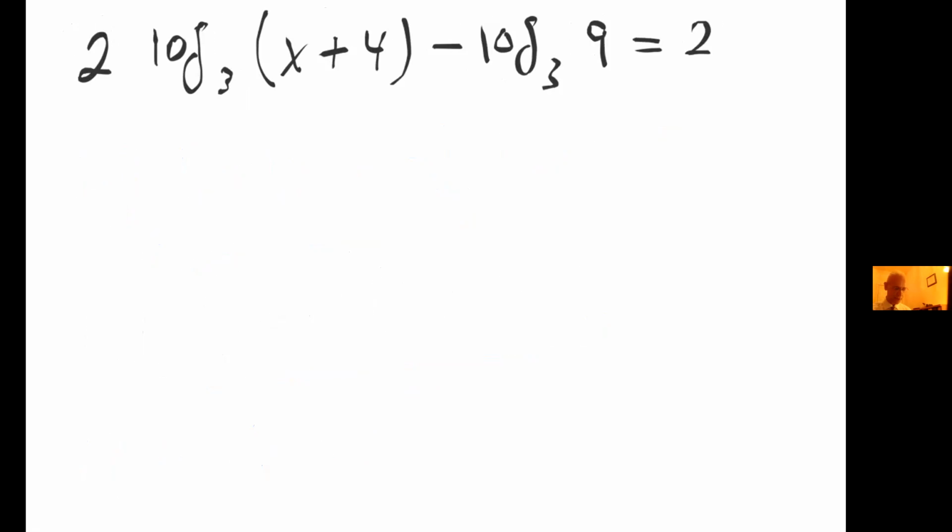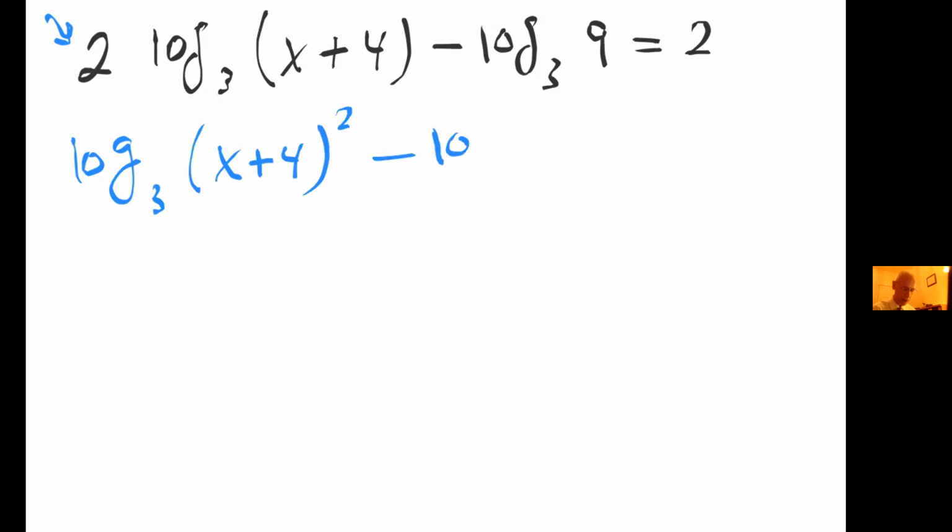So like the previous problem, first I'm going to get rid of this 2 by using it as an exponent. So this is the same as saying log base 3 of (x + 4) to the power of 2 minus log base 3 of 9 equals 2. So I have the same bases.